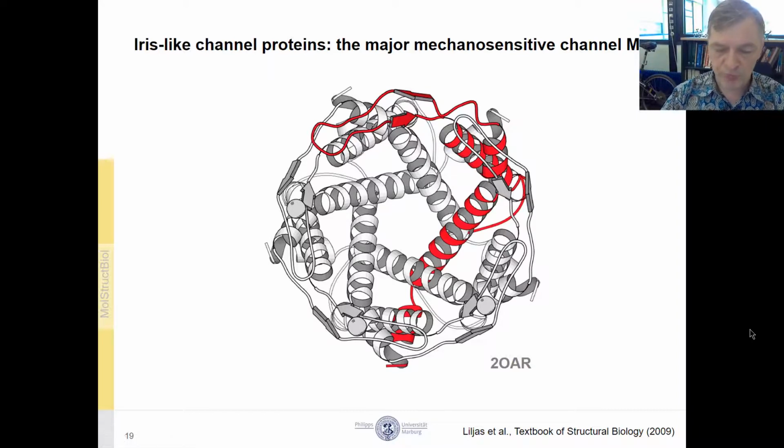So what is its purpose? When bacteria are exposed to hypoosmolar stress, for example when it starts to rain and you are a bacterium, and before you have been in a pretty muddy place which you liked because it gave you a lot of nutrients, but suddenly everything gets diluted 100-fold within seconds, and you suddenly have a very strong osmolar pressure inside.